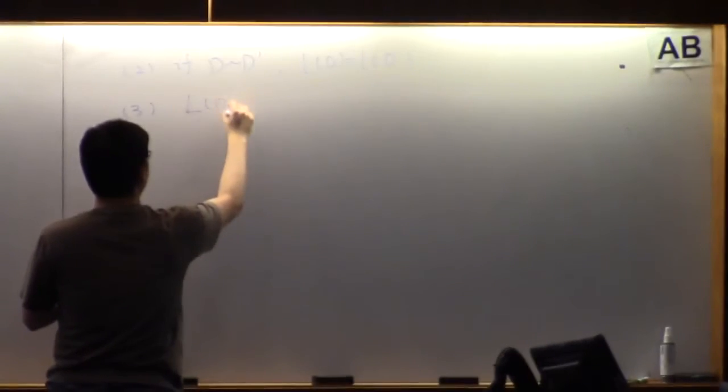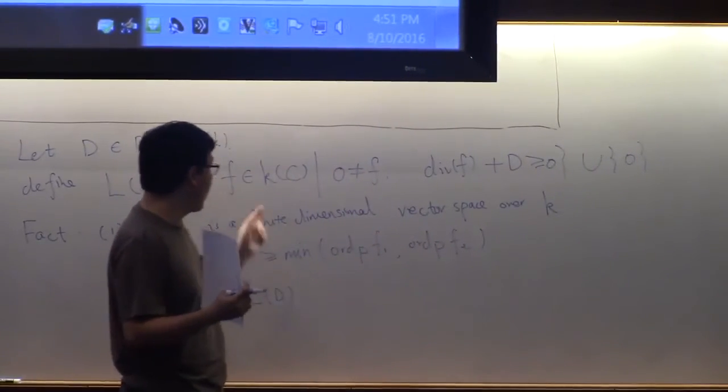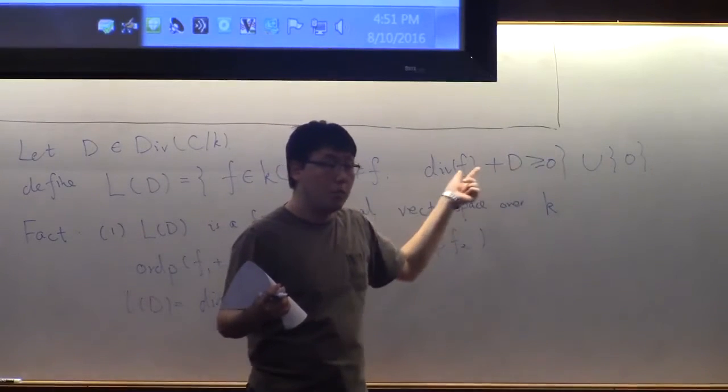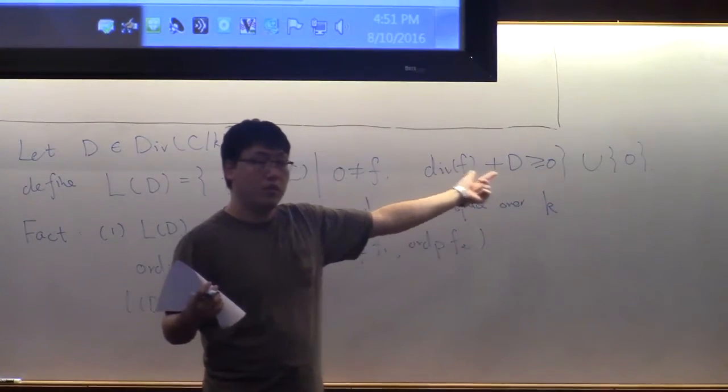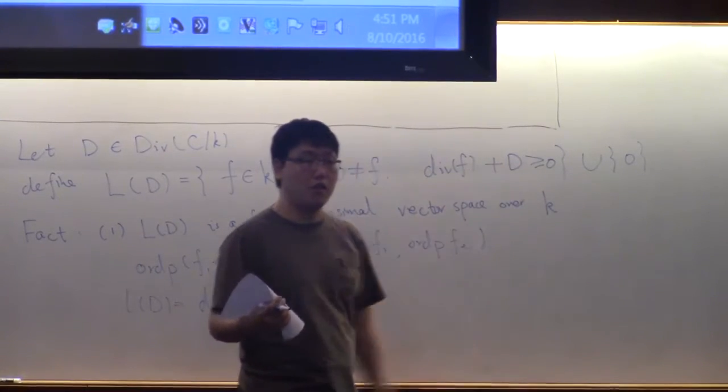And next, you just consider the zero divisor. If D is 0, then in this vector space, this inequality tells you you need to consider all the regular functions on the curve C with no poles. Okay? So this is the meaning of this equality.